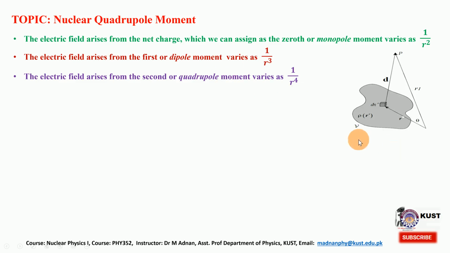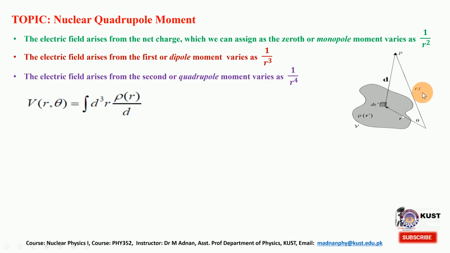Let us just summarize what you have done in the electromagnetic theory course. That is, if you have some volume charge distribution, and you want to find the potential, or we can say the energy associated with the charge, due to the electric quadrupole moment, then it can be described as the volume charge density divided by d.